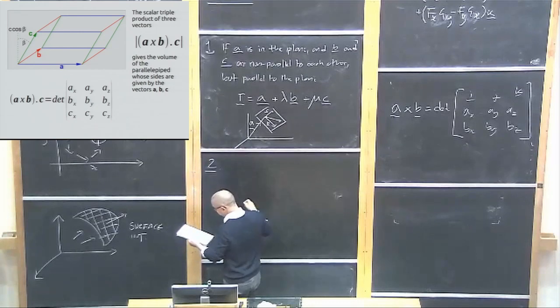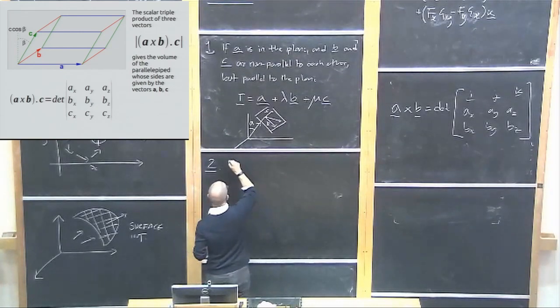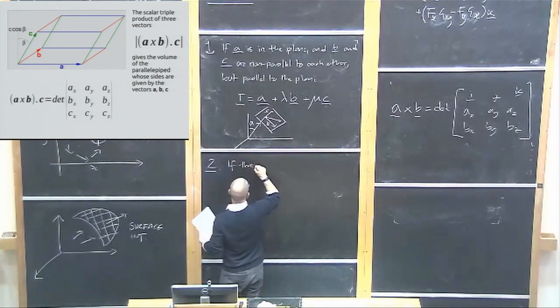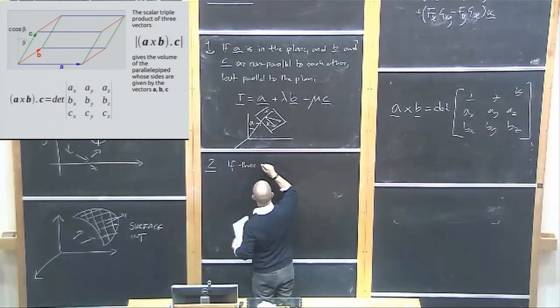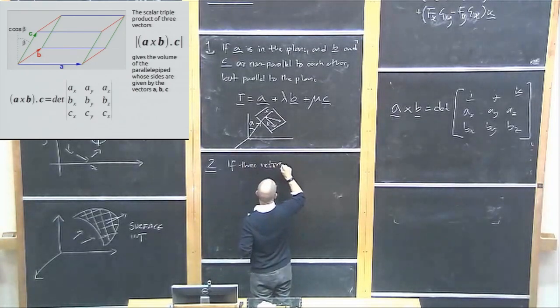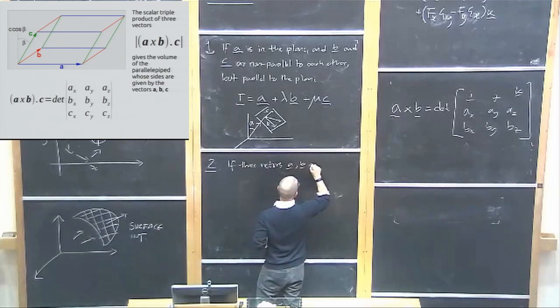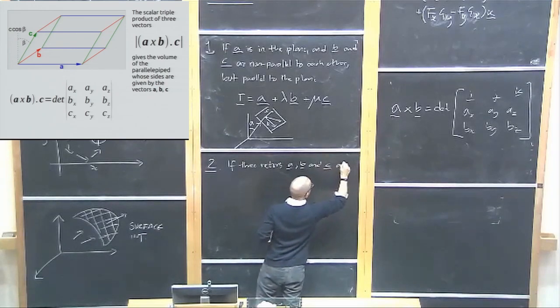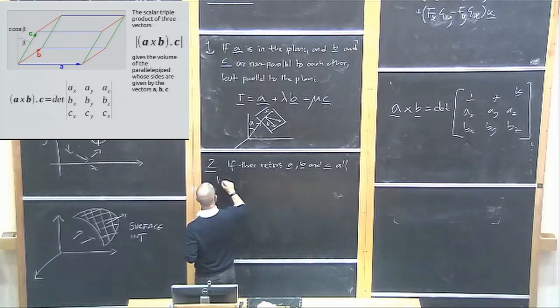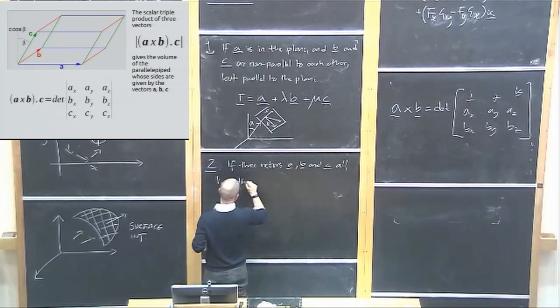Okay. Second definition of a plane, which is essentially equivalent. Three vectors, A, B, and C, all lie in the plane.